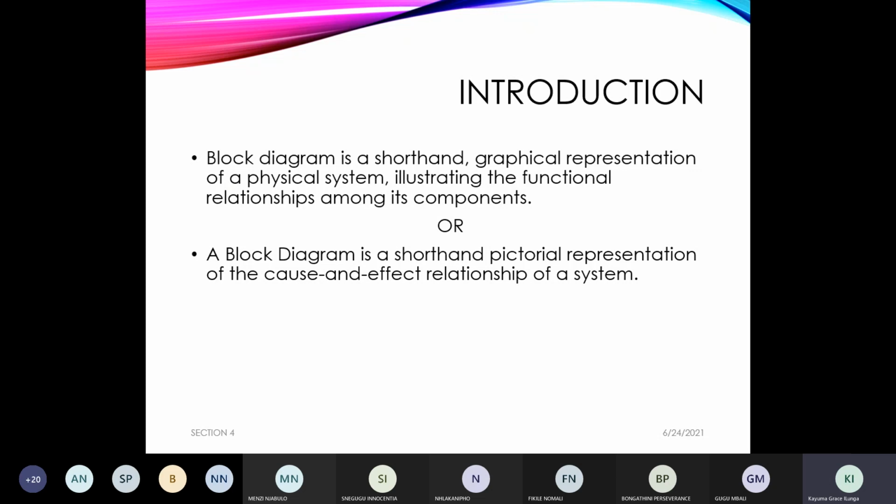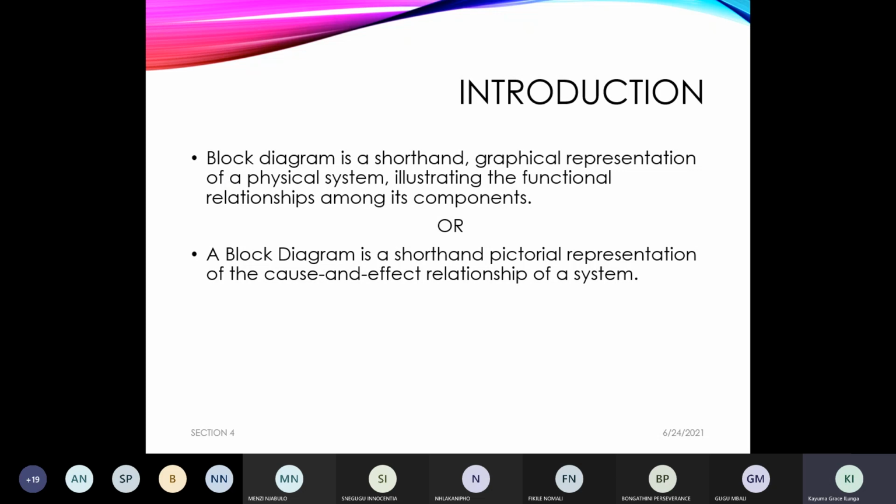I think the definition is very clear. The block diagram allows us to have a graphical representation or a schematic of a physical system, and for a system with many components, we can represent it and show how the components are linked together.